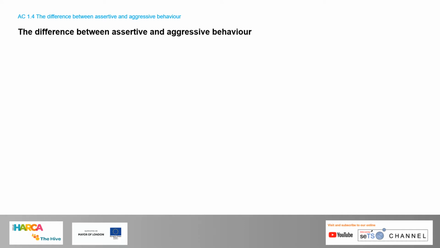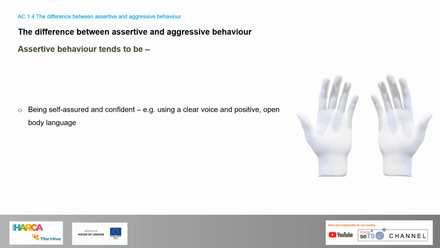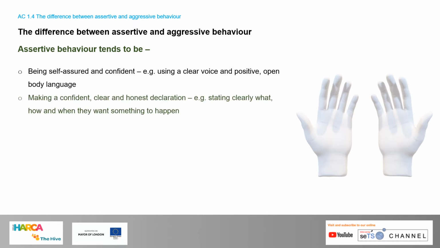The difference between assertive and aggressive behaviour. Assertive behaviour tends to be self-assured and confident, for example, using a clear voice and positive open body language. Making a confident, clear and honest declaration, for example, stating clearly what, how and when they want something to happen.